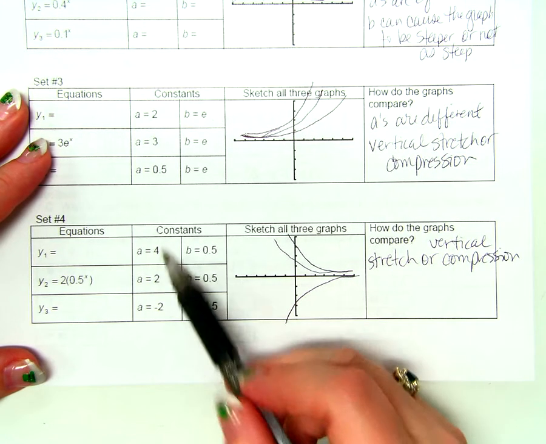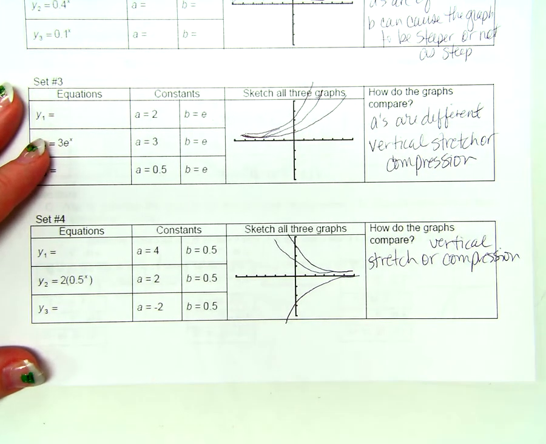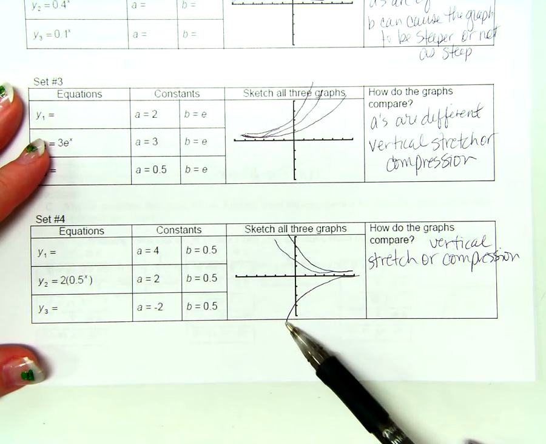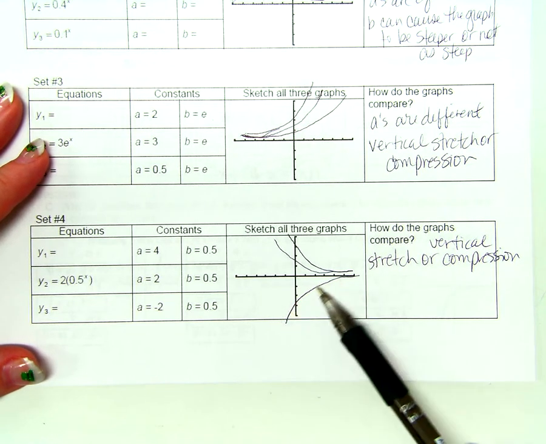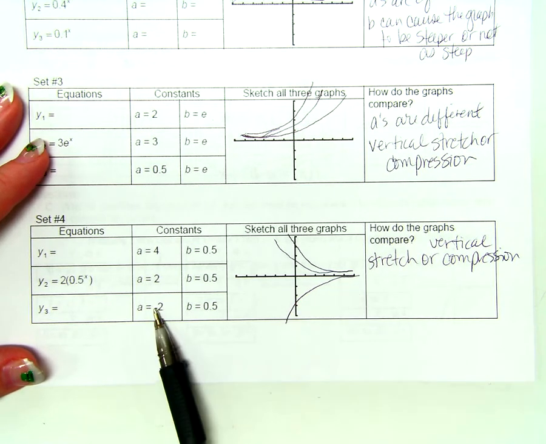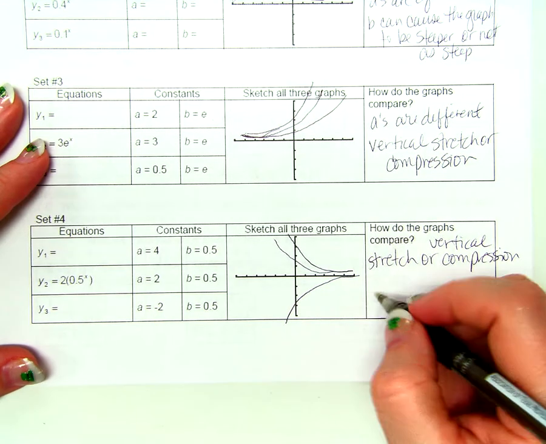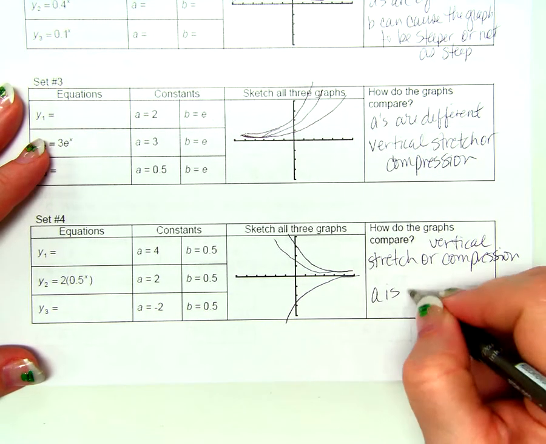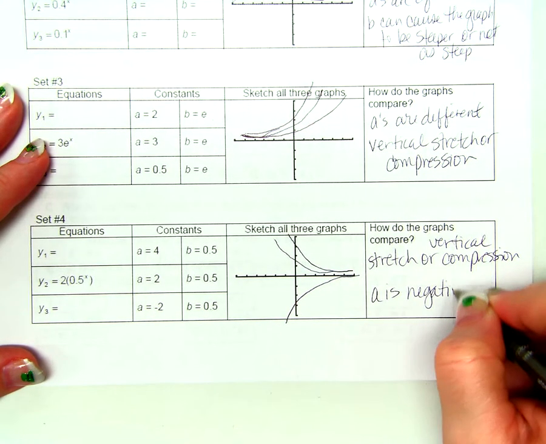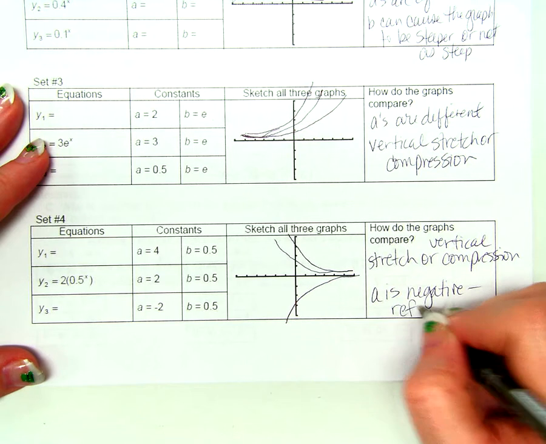It's the A's that are changing again, right? So again, it's a vertical stretch or compression. But what's up with this one? Oh, because of that -2, right? So if A is negative, it does cause a reflection. Very good.